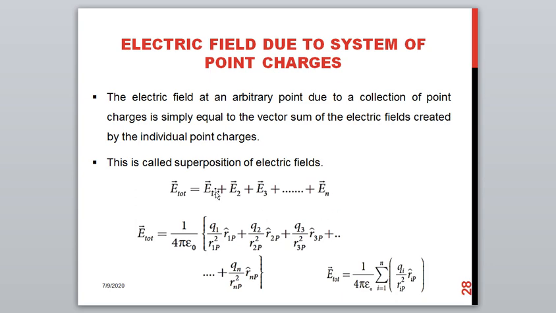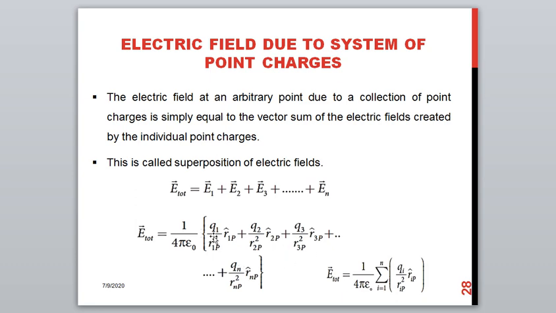E1 is K into Q1 by R1 square into R1 cap, E2 is K into Q2 by R2 square into R2 cap, plus E3 is K into Q3 by R3 square into R3 cap, till n values.